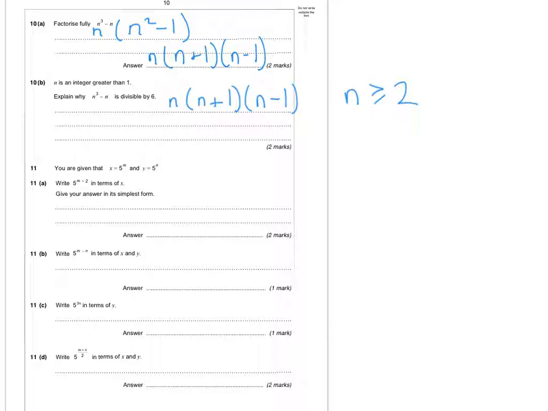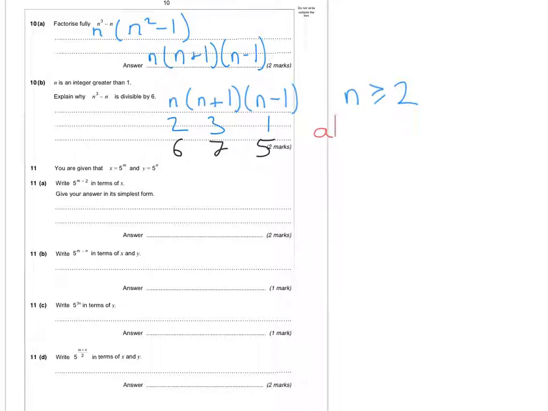Because we're talking about 3 consecutive numbers, say 2, 3, 1, or 6, 7, 5, we will always have an even number.